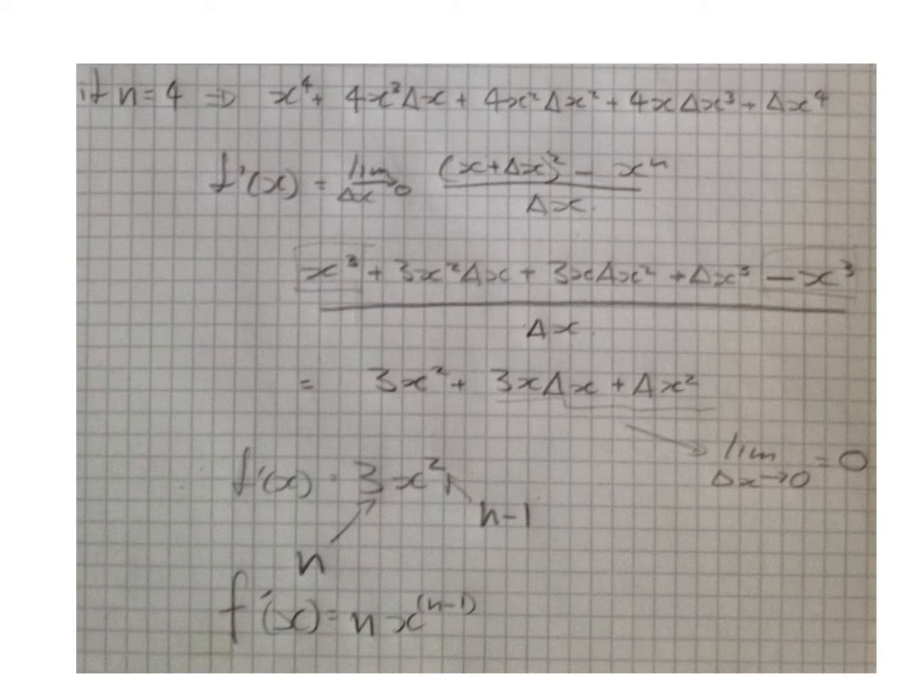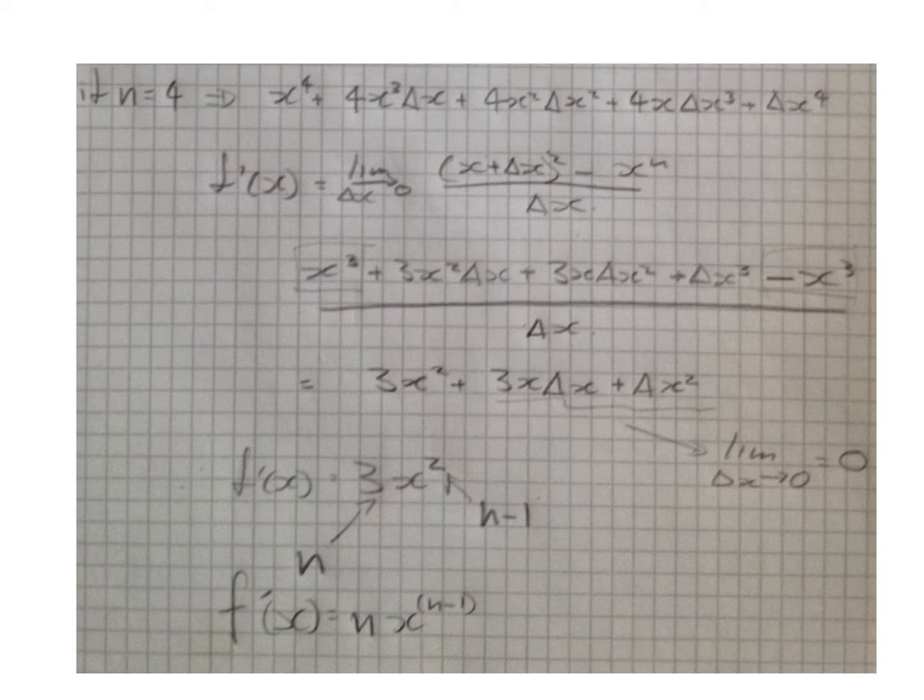You end up with this term here. This is the equation we're working with, this limit to work out the gradient, making delta x small. We've got x cubed here and an x cubed here and a minus x cubed here, so those cancel out. Then we've got 3x squared delta x, 3x squared delta x squared and delta x cubed.